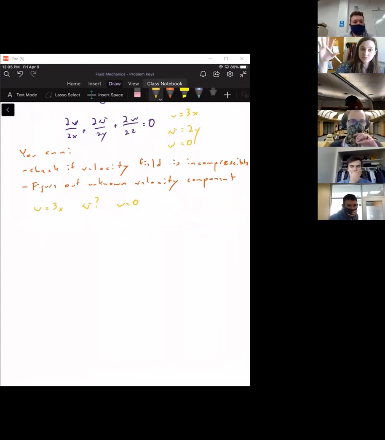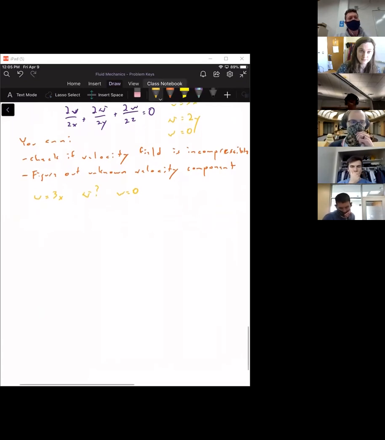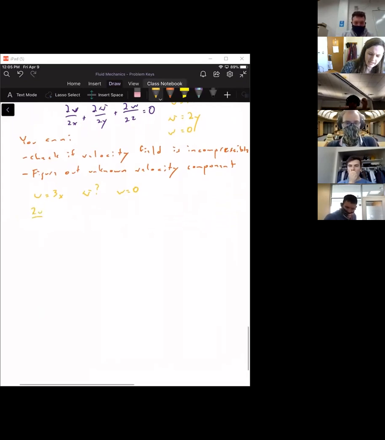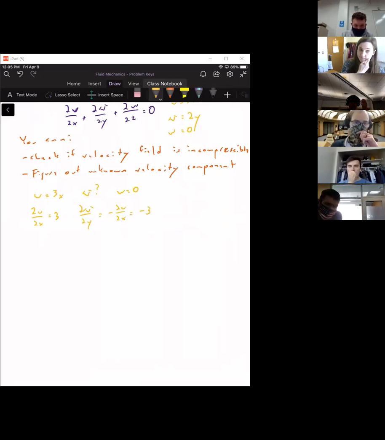So in order to do this as properly as possible, so this would also work for more complicated ones where you can't just find a solution by looking at it, we would say du dx is equal to 3. dv dy must equal negative du dx, so it equals negative 3.